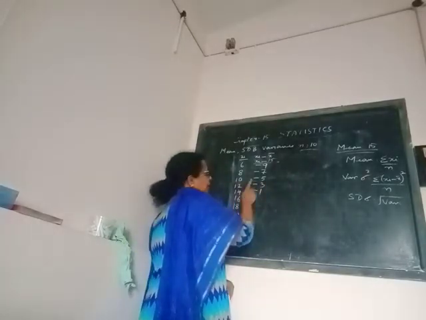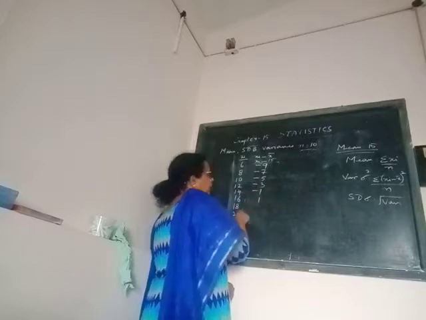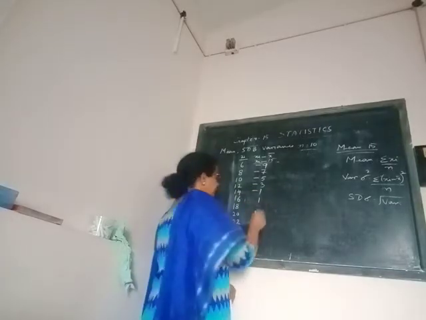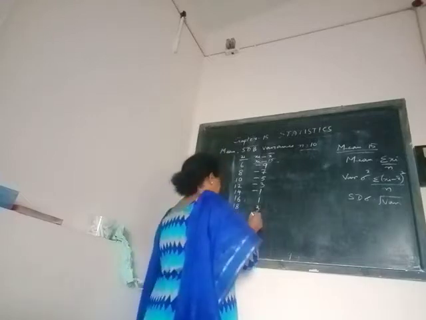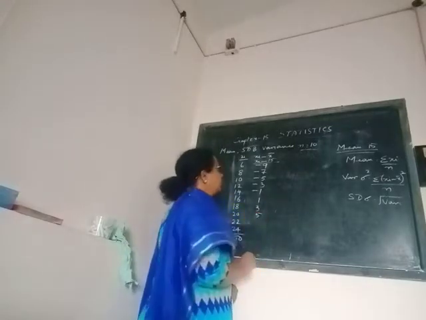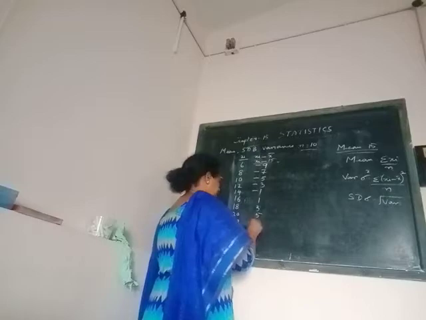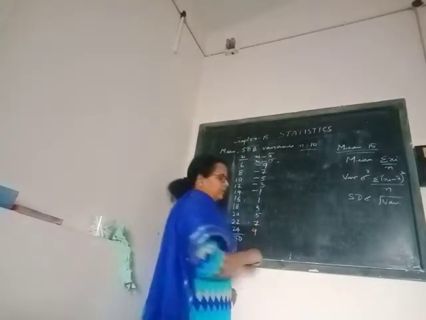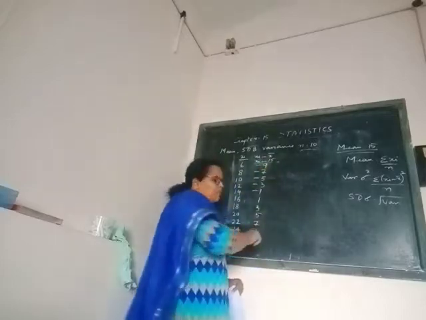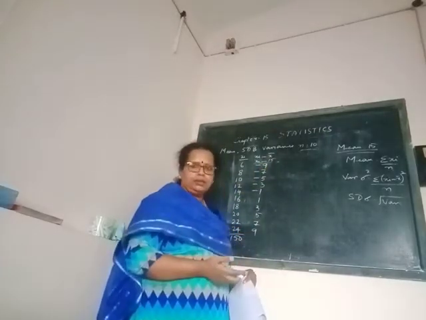Next is 16 minus 15, 1. 18 minus 15, 3. 20 minus 15, 5. 22 minus 15, 7. 24 minus 15, 9. No need of finding the sum of this column because we don't want the sum.